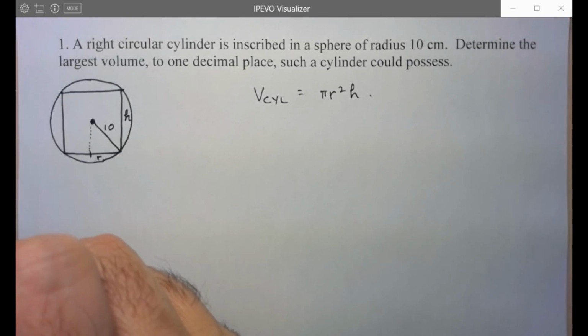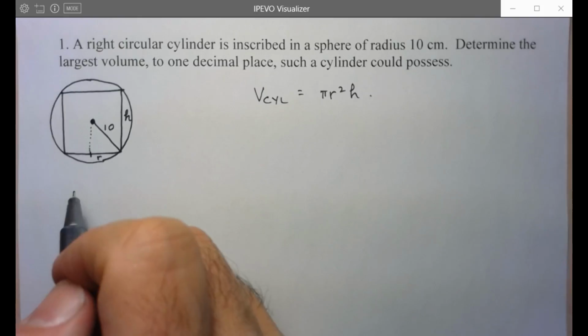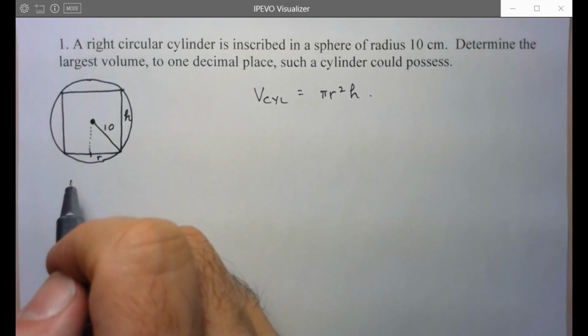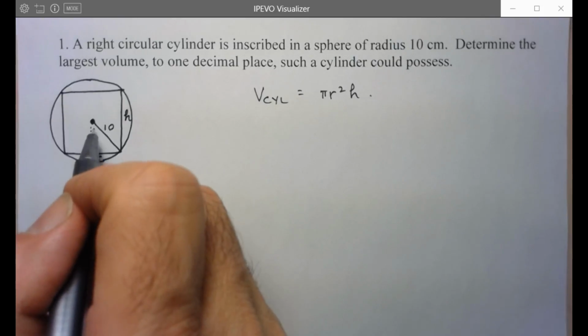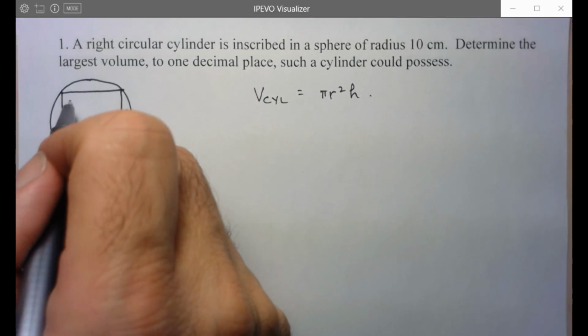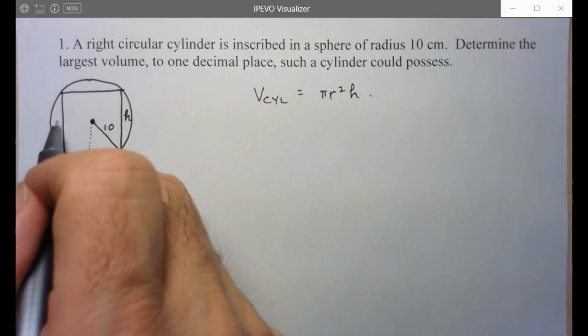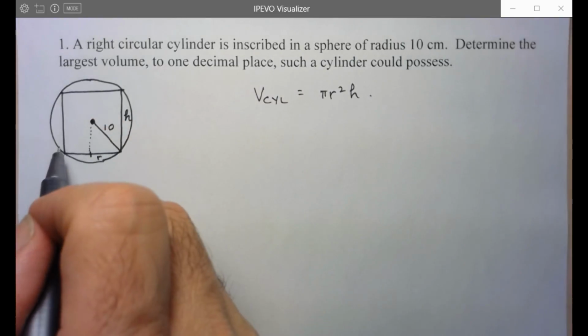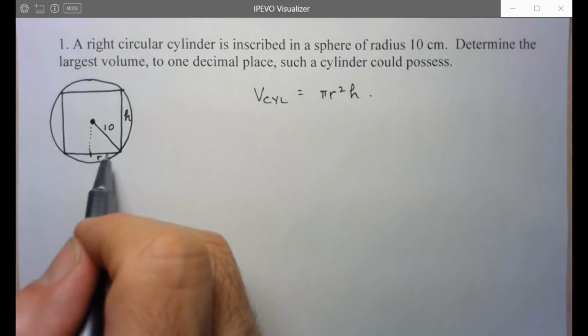Now, the only thing here is I'd rather not work with a fraction if I don't have to. So I have a couple of alternatives. One alternative is, instead of working with the radius of the sphere, imagine that I work with the diameter of the sphere. I could again create a right angle triangle where one side length is the height, and the other side length would be twice the radius.